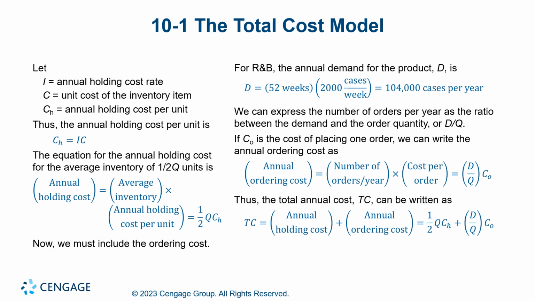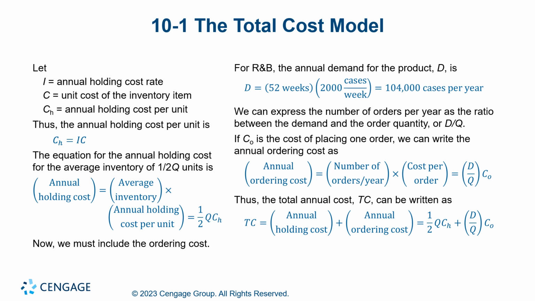We know that by ordering Q units every time we order, we'll have to place D divided by Q orders per year, which is the demand divided by the order quantity. If the cost of placing one order is CO, the cost of one shipment is equal to CO. So the general equation for the annual ordering cost is given below.